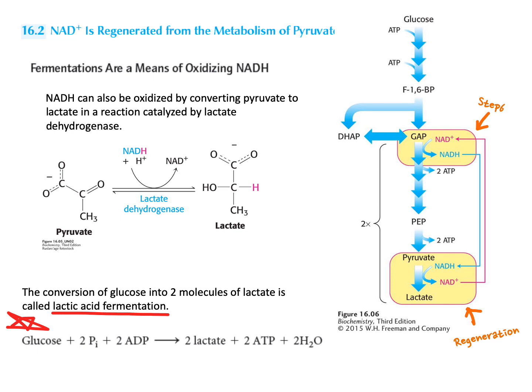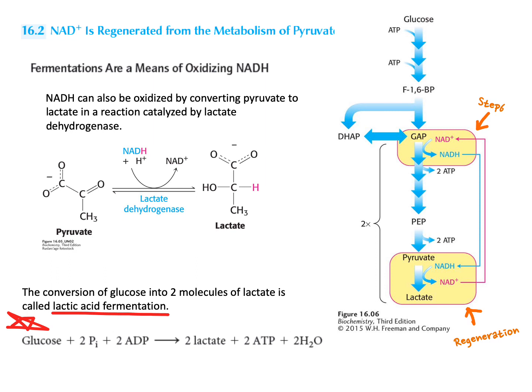Let's look at the right side, this figure. From the top, the glucose goes through glycolysis. At step 6, electrons are produced, and the electrons are stored in NADH.